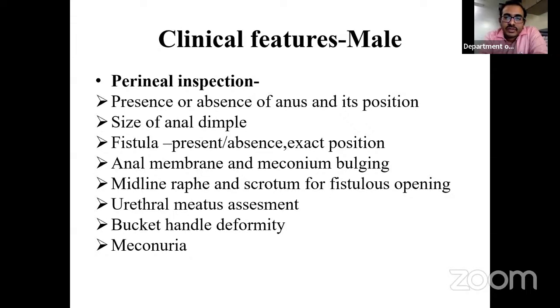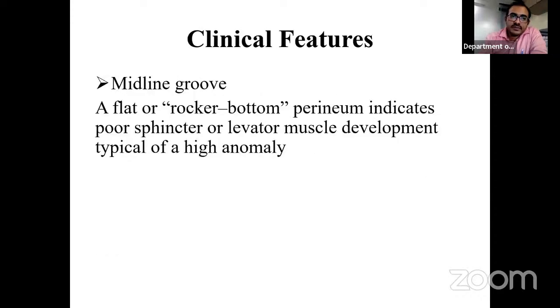Then anal membrane or meconium bulging in perineum, midline raphe and scrotum for fistula's opening. Then urethral meatus assessment, because many patients have associated hypospadias. Then bucket handle deformity, which can be managed in the neonatal period, and meconiuria, which suggests a very high anomaly or a very big fistula between rectum and urinary system.